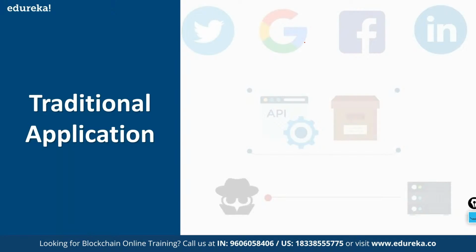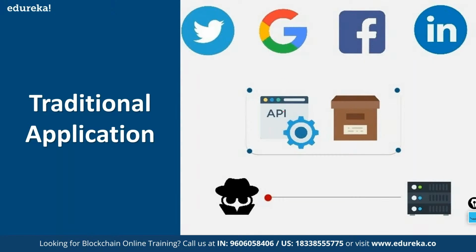Now, what happens to these APIs and data present inside the server? Sometimes this will be taken away by Google, Facebook, LinkedIn, and Twitter, and they will use our information. We know that there is a right to privacy and all of those things, but if it is present inside a centralized server, they can go ahead and capture our information and use our data.